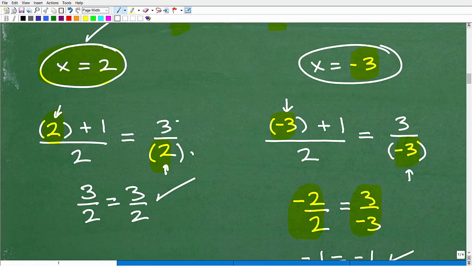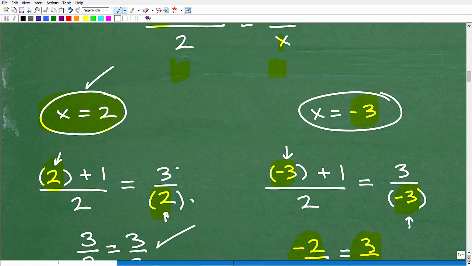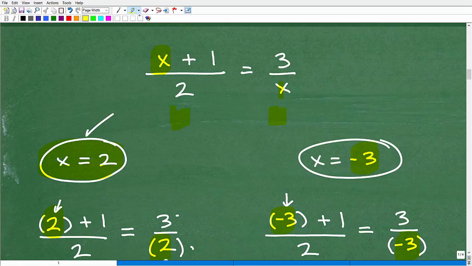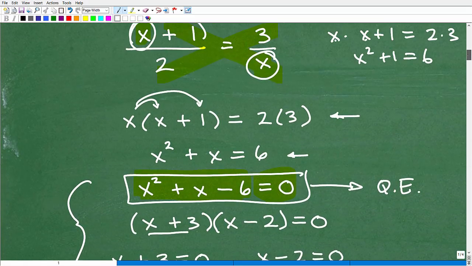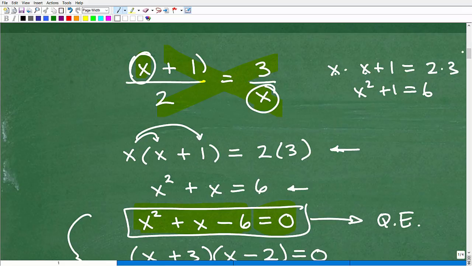So these solutions check out, and you should always get in the habit, if you have the time, to check your solutions. It's a great thing to do. You're not always going to have the time to plug in and double check your solutions in equations, but you should try to always do that. But the main idea here, again, is proportions come in all kinds of problems, and you're going to need to know some algebra to be able to solve proportions.